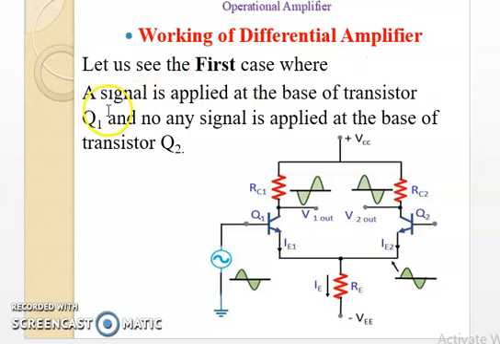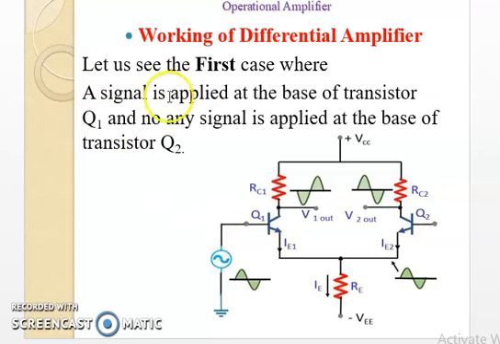Let's see the first case where a signal is applied at the base of transistor Q1 and no signal is applied at the base of transistor Q2. You see there are two transistors, Q1 and Q2. First case, what we are discussing?